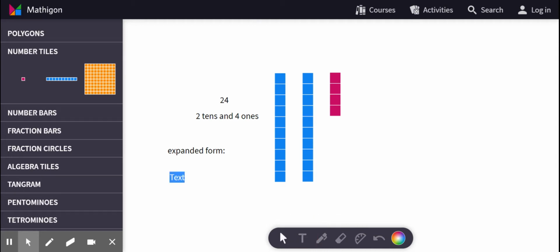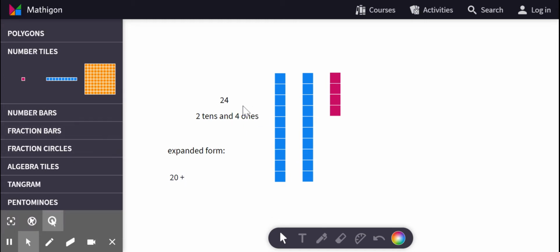So, if I have two tens, what is the value of two tens? I have 10 and 20. So 10 plus 10 is 20. So the value is 20. So I'm going to write a 20 right here. Now I'm going to add 4 to it. So I'm going to put a plus sign.